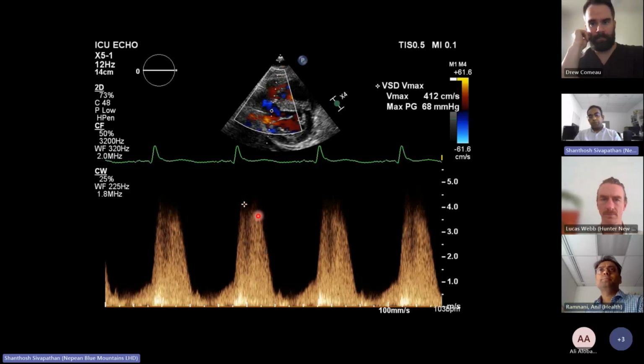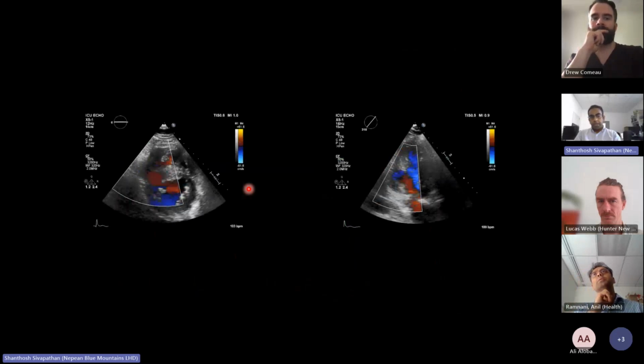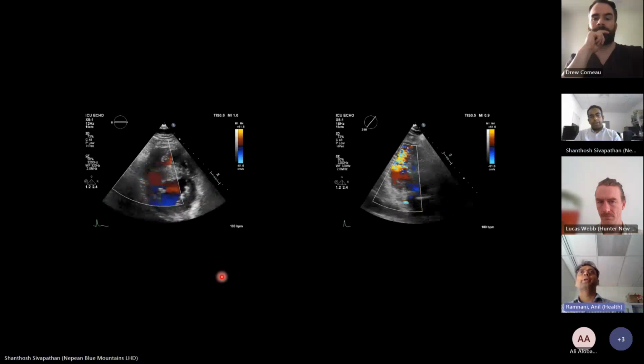I don't expect you to know what the pressures are, but the Vmax in this case is 4 meters per second. It is a reasonable pressure across that VSD. So this patient does have a VSD, and it's quite significant. You can see it with the color Doppler there. It's red in color, so towards the probe.